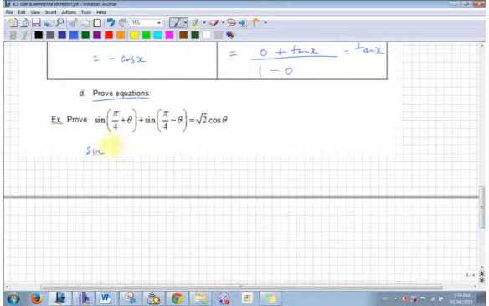So that's the same as sine A plus B. But does that help me? No, I'm going backwards. I don't care.